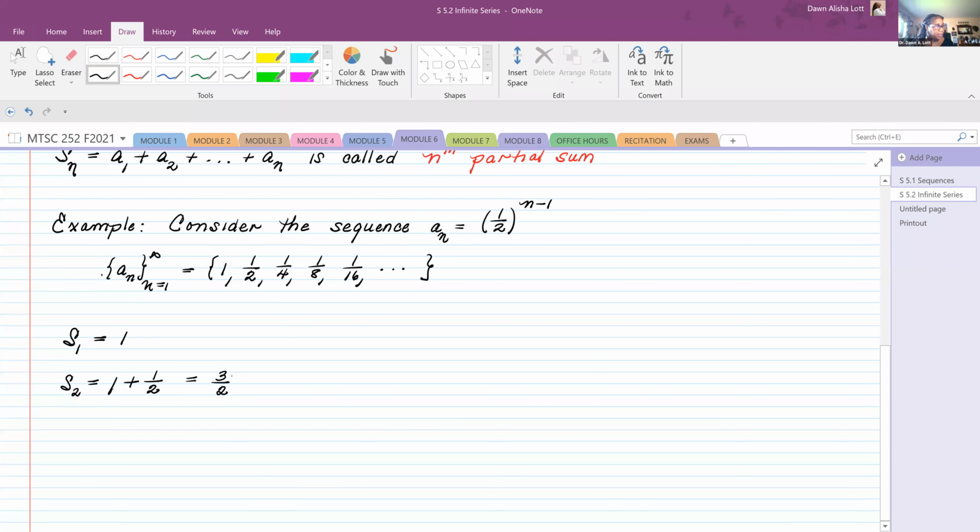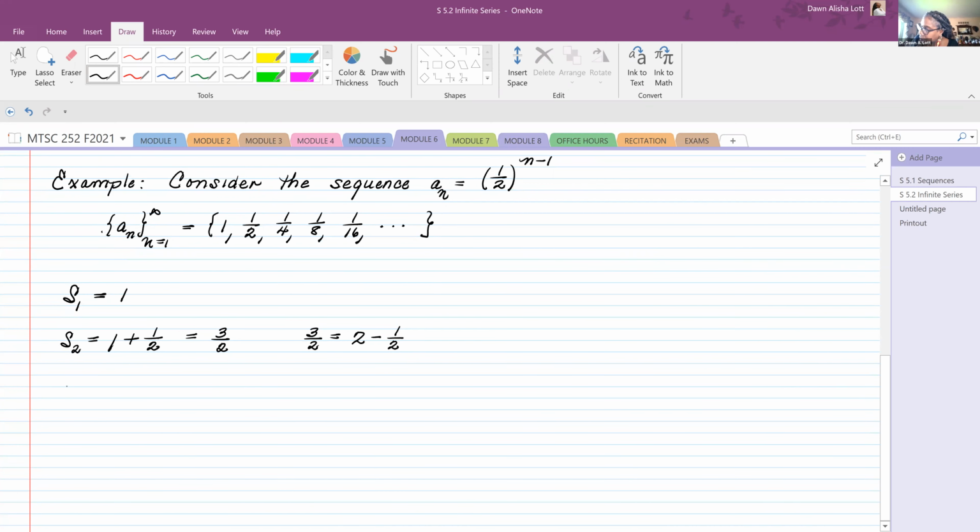And I can conveniently write that 3/2 is 2 minus 1/2. What is S3? S3 is 1 plus a half plus a fourth.